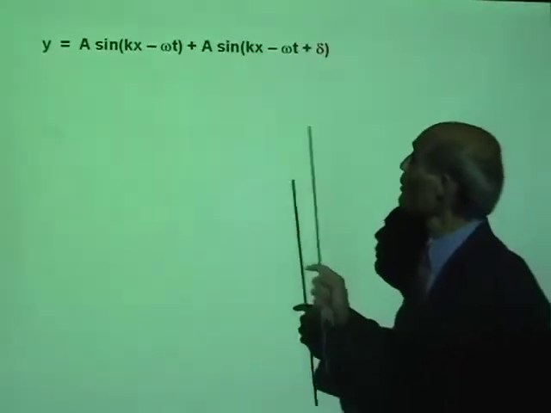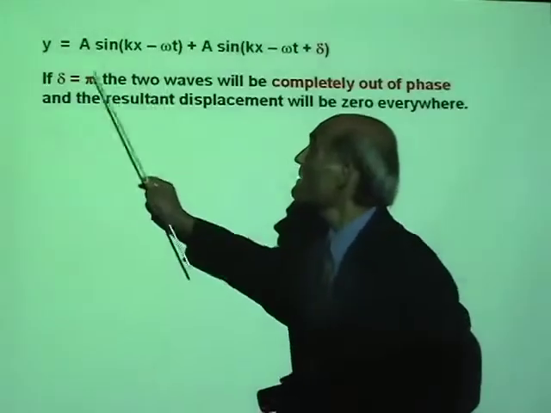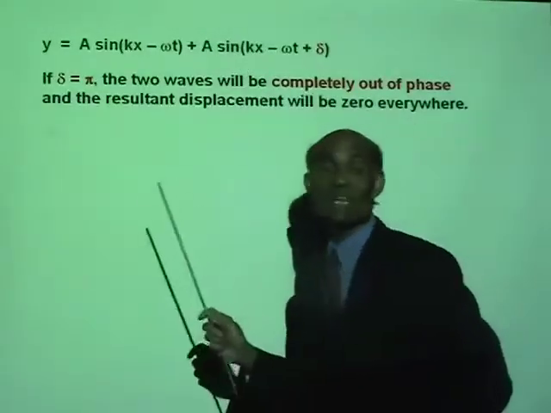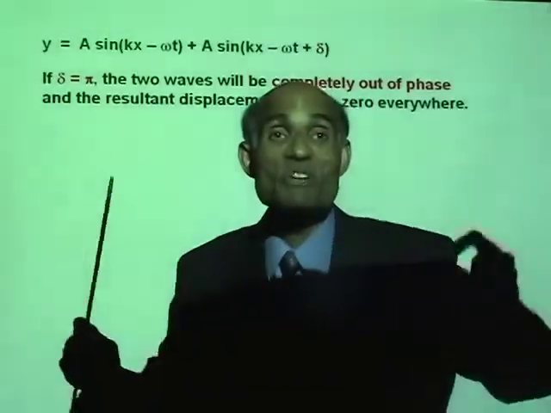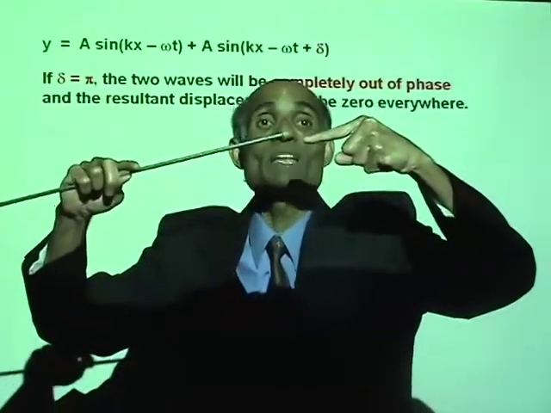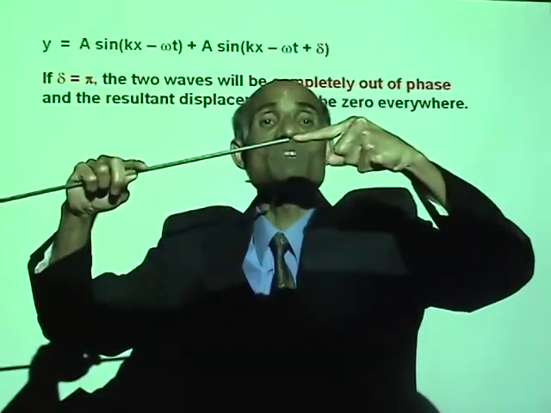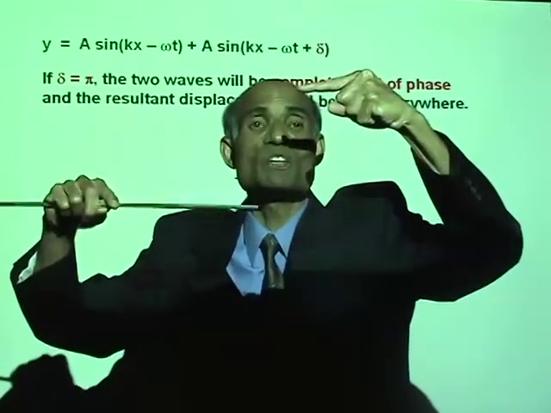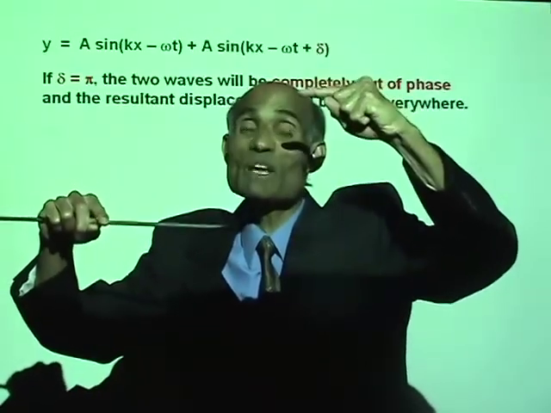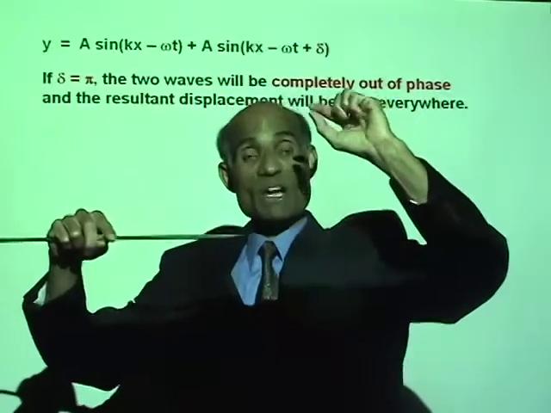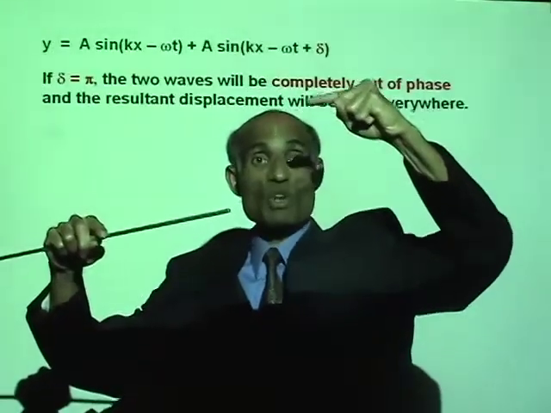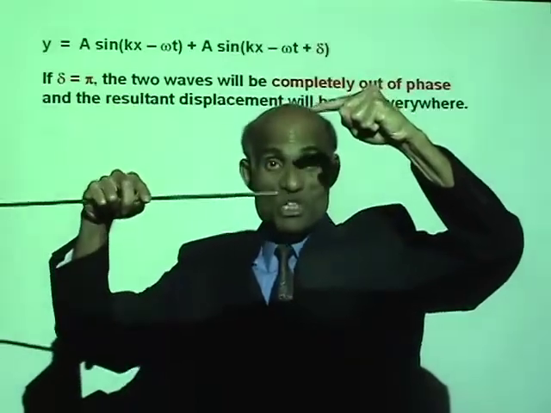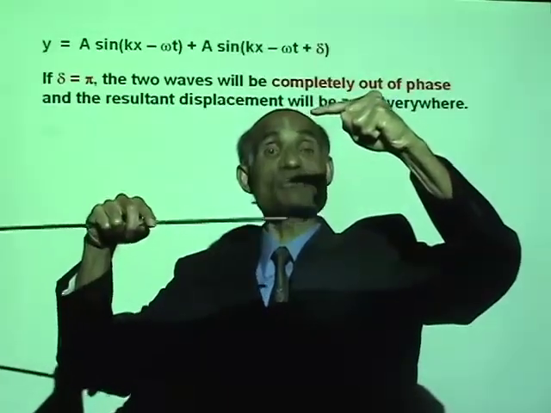Okay, on the other hand, if delta equals pi, what does that mean? The phase difference is pi, which means when one disturbance wants the particle to move up, the other disturbance wants it to move down. That means due to one disturbance, if the particle has to be on a crest, due to the other disturbance, it has to be on a trough.